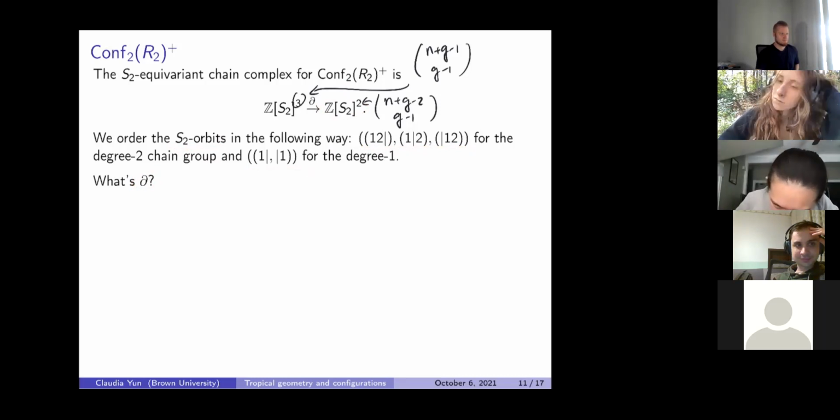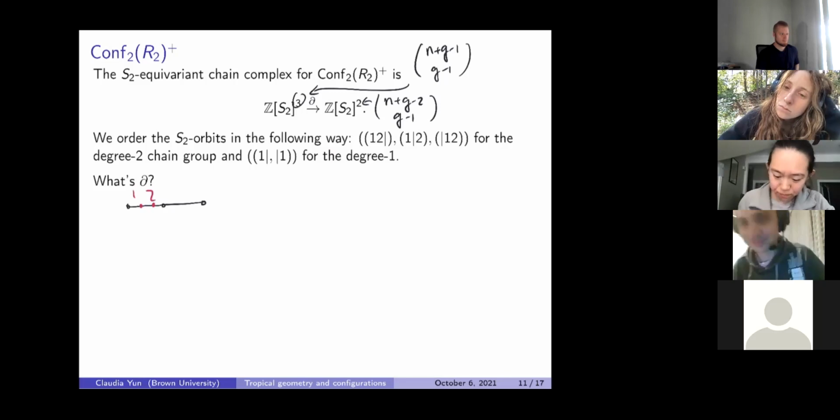So when we have 1, 2 bar, that's when we have 1 and 2 on the first arc.